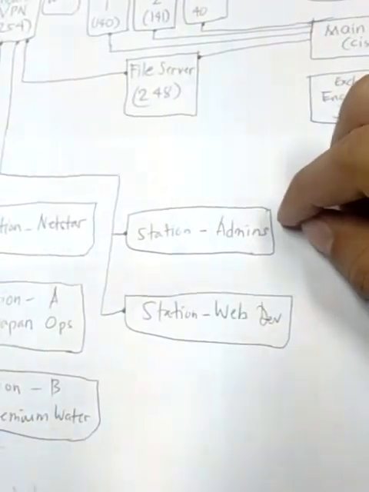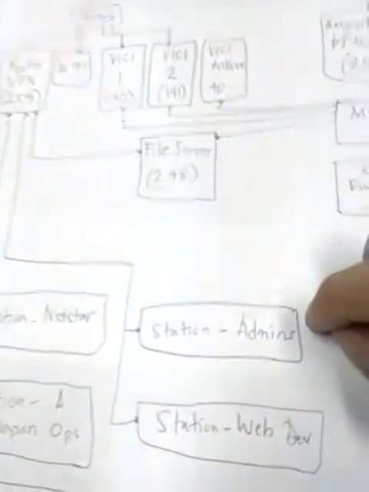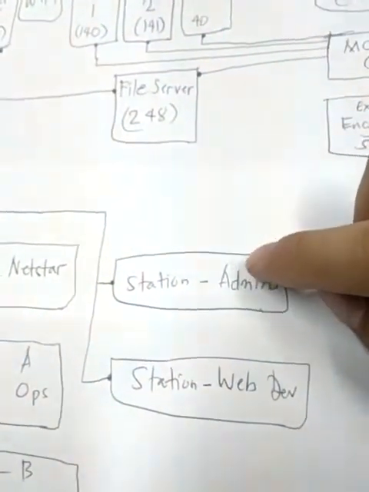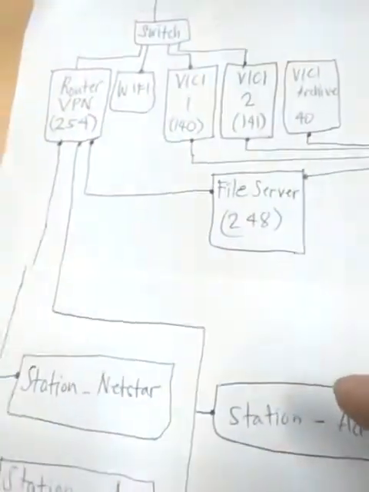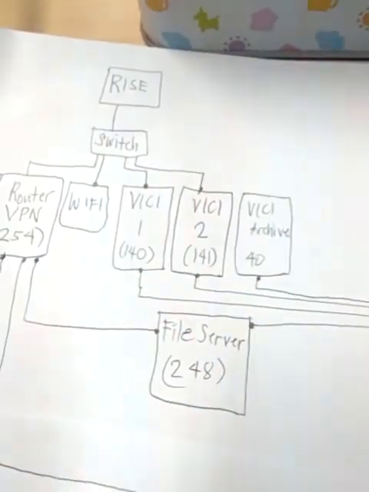I guess almost all of them are configured with 254, and as well as the admin and the web dev stations, as far as I remember.